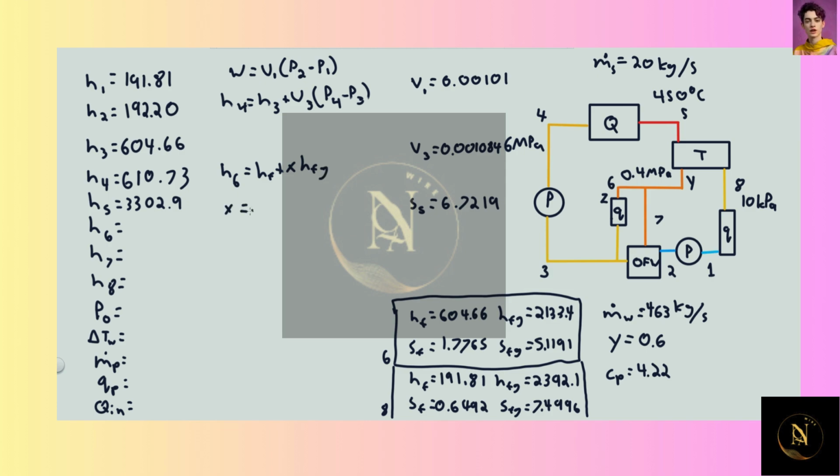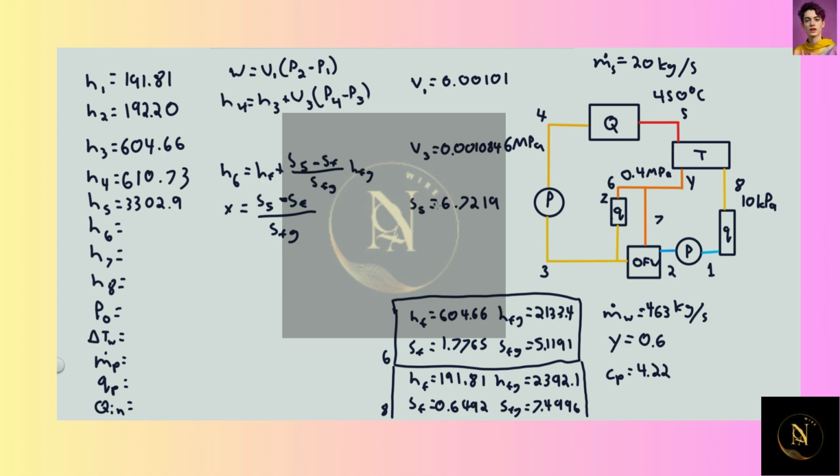The steam quality is equal to the entropy, so S6 minus SF over SFG. And because this is an isentropic turbine, the S6, the entropy out, will be the same as the entropy in, so this will be equal to S5. So we can plug that in up here: S5 minus SF over SFG times HFG.